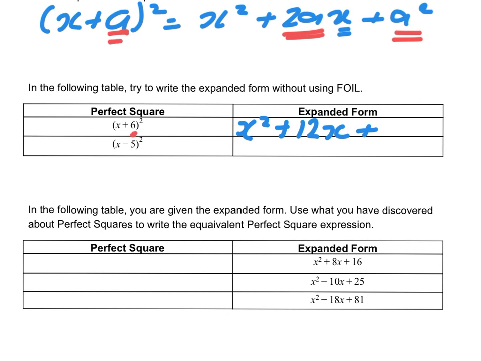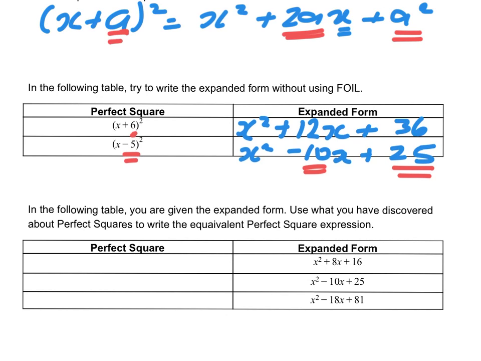And the number at the end is a squared, so it's 36. Look at the next one. You have x squared, and here a is minus 5. So 2 times a is minus 10, so I get minus 10x. And the number at the end is minus 5 squared, which is plus 25. So this number here is 2 times a, and this number here is a squared.